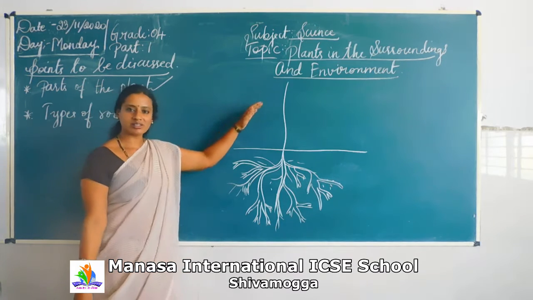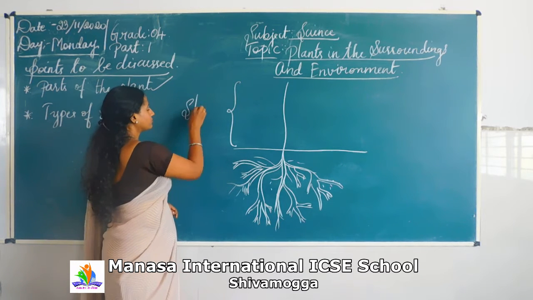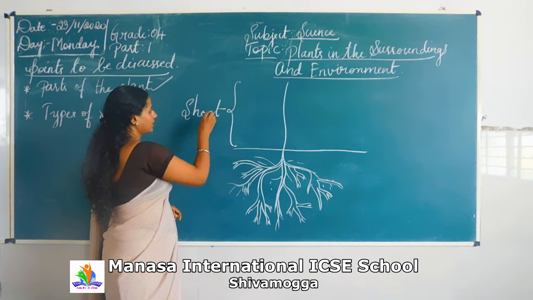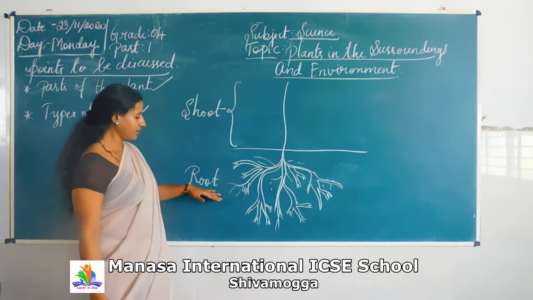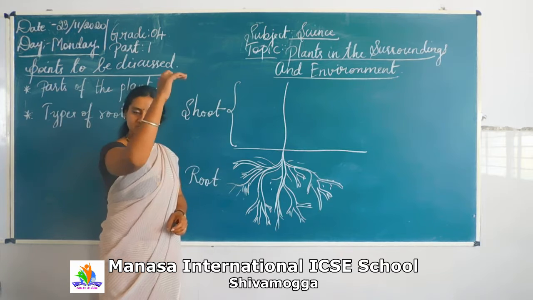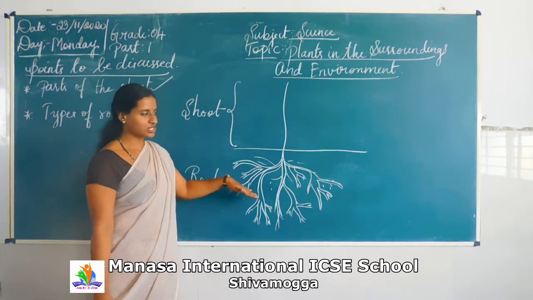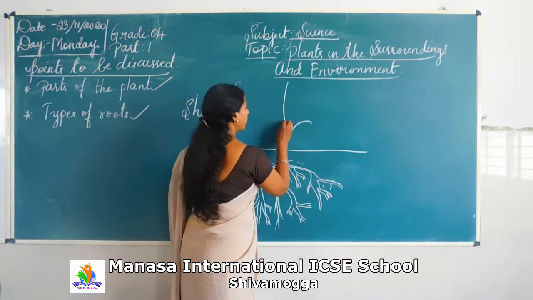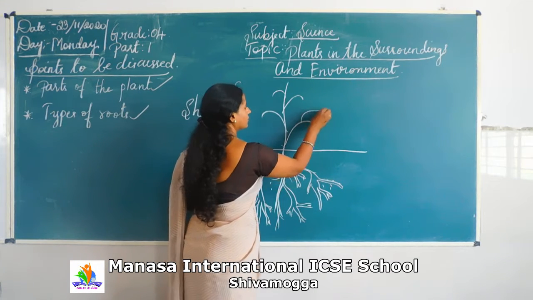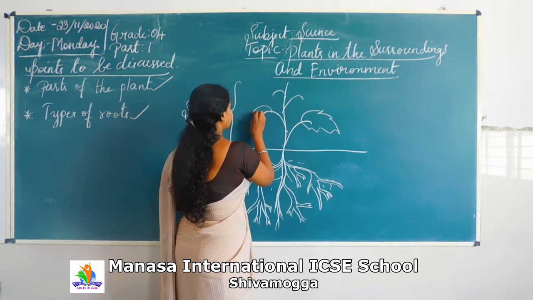Basically, the plant is divided into the shoot part and the root part. Just as human beings are divided into the head and the trunk, the plant is also classified into shoot and root. In the shoot part, we have the leaves. Let me complete this diagram.